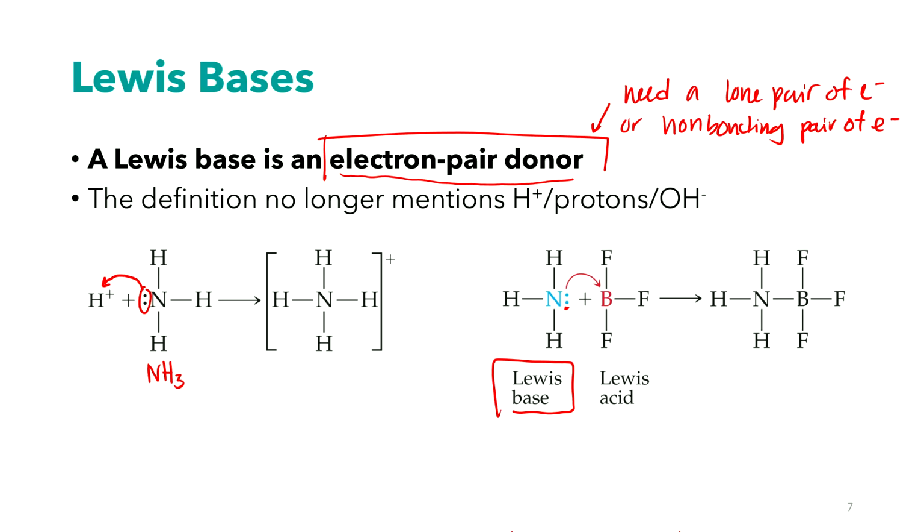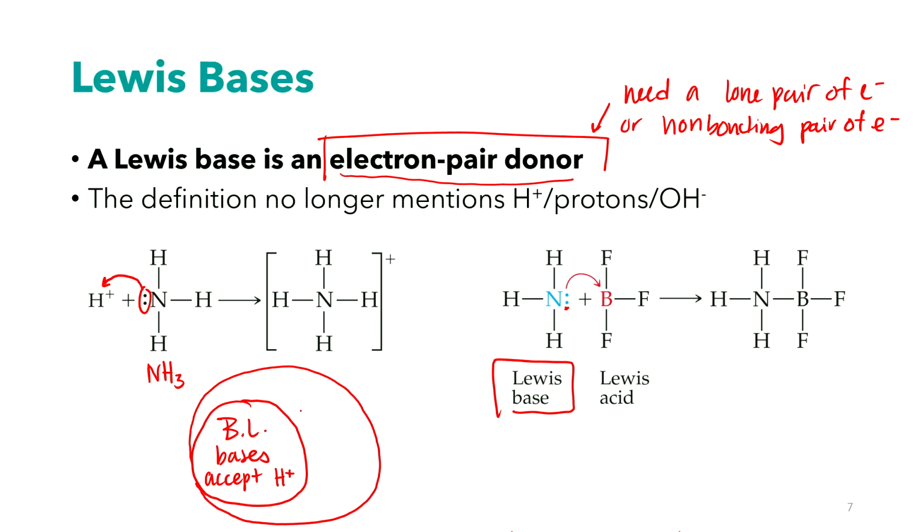On the flip side, our Lewis acids, actually let me draw my little Venn diagram here. So we have Bronsted-Lowry bases, those are the things that accept protons. If you are a Bronsted-Lowry base, you are by definition also a Lewis base.